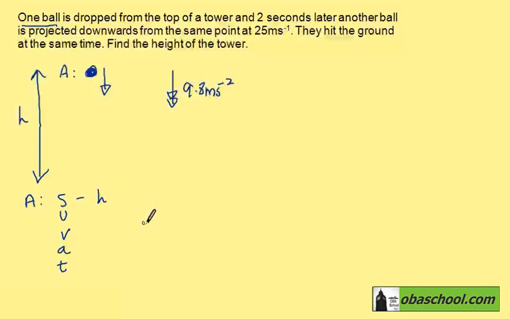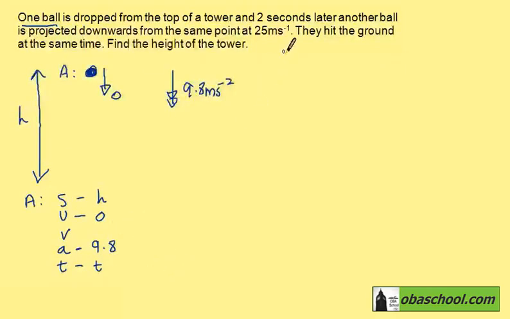S is the height of the tower. U in this case is 0, since the ball is dropped. The acceleration is 9.8, and I'm taking downwards as positive, so this is positive 9.8. And we don't know the time, but let's call it t.